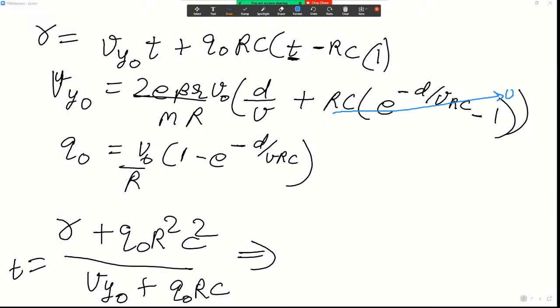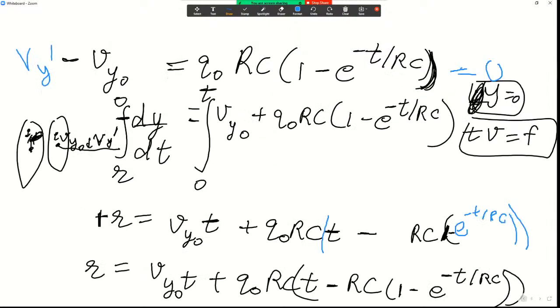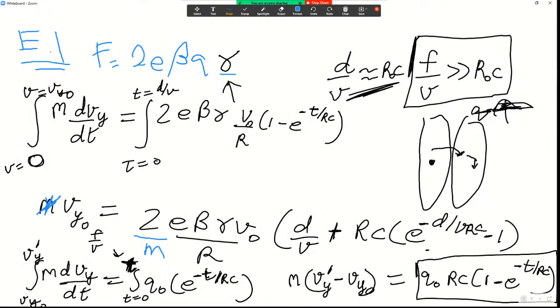Let me look back. One more slide back. So we have F equals 2E beta R Q, and Q is, oh, I guess we have messed up voltage and velocity, because I wrote both as V0.